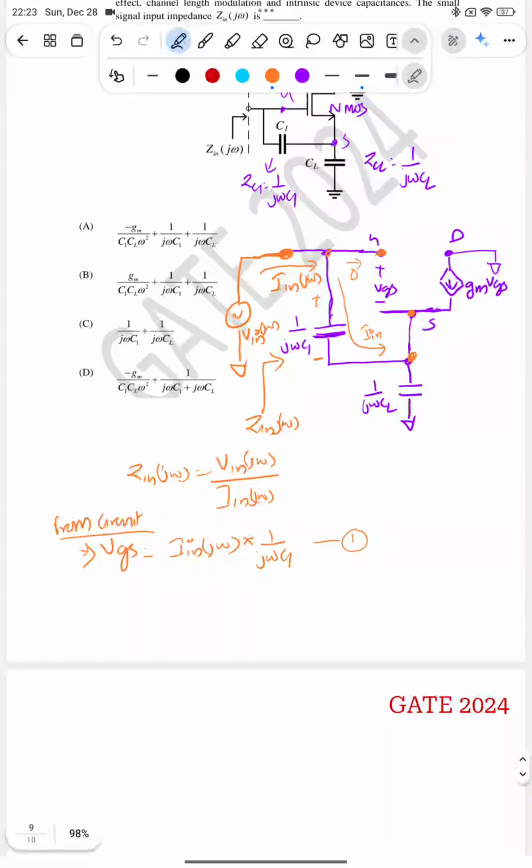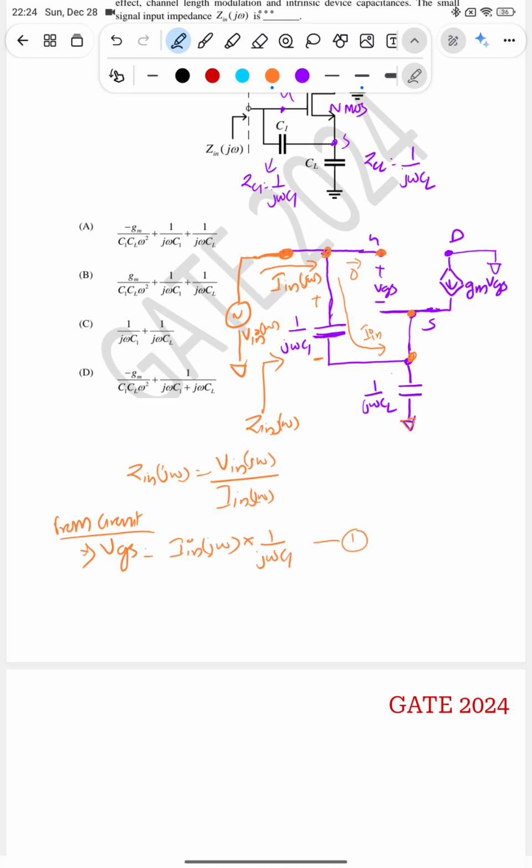Now the question is to find V in by I in of j omega, right? So what is V in? V in is the voltage across this node to ground. So I need to find V in by I in of j omega in terms of the capacitors and the transconductance. In terms of C1 and CL, V in is the voltage across the capacitor C1 plus the voltage across CL.